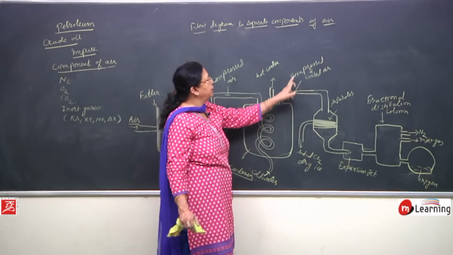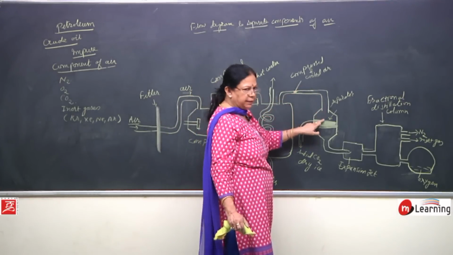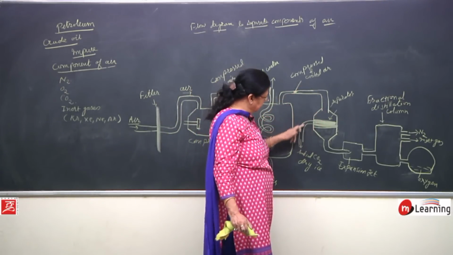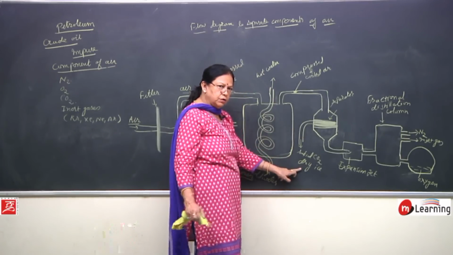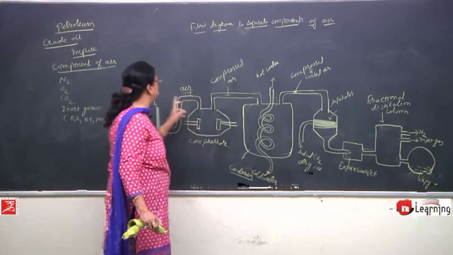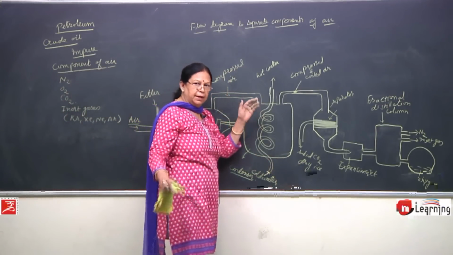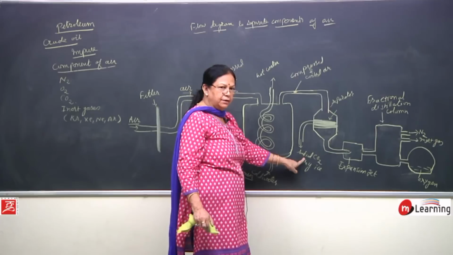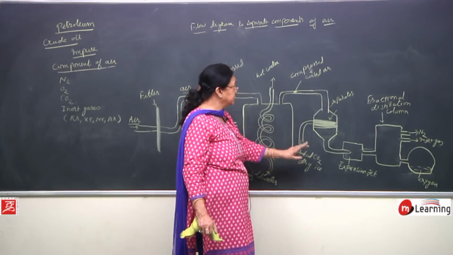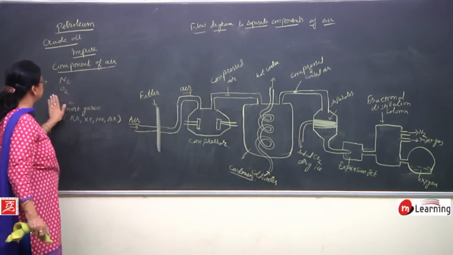So, this cooled and compressed air goes into the separator here, and in this separator solid carbon dioxide is separated. How is this solid carbon dioxide formed? By compressing and by condensing. By increasing the pressure and decreasing the temperature, you get solid carbon dioxide or dry ice. So this carbon dioxide is separated.